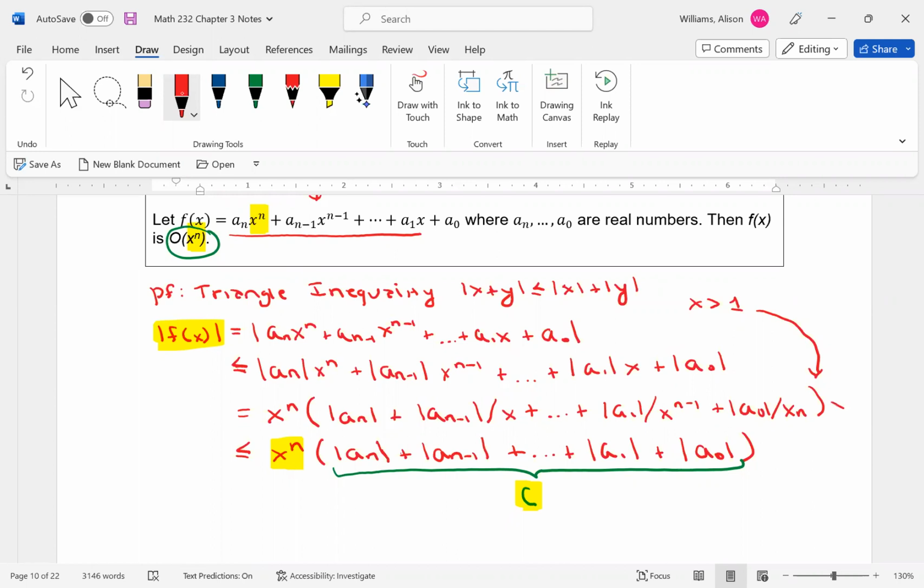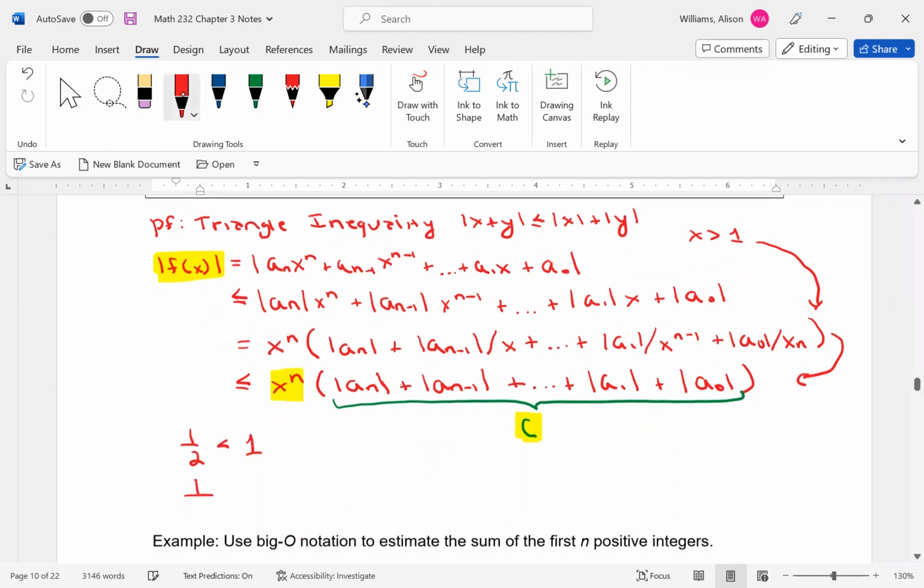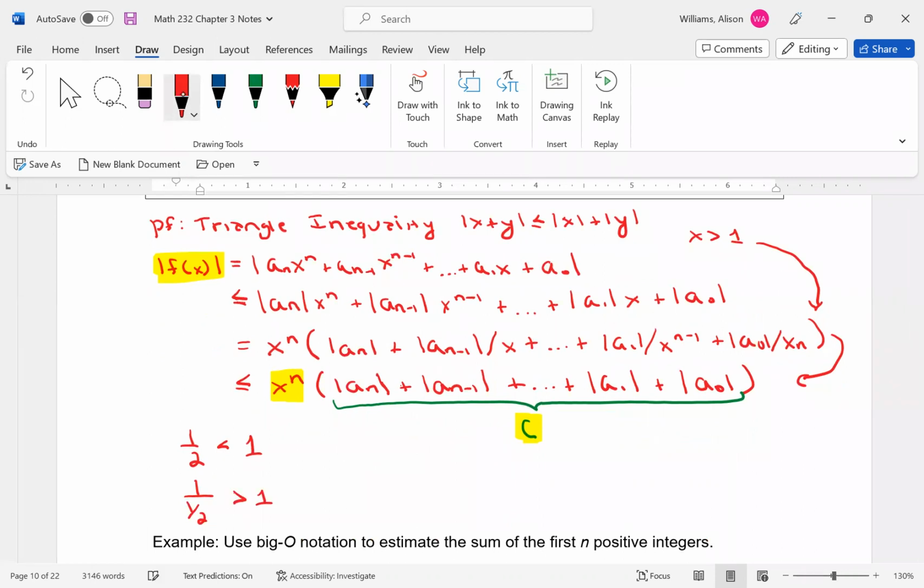Then this statement from here to here doesn't work, right? If I have a 1/2, clearly, if I drop the 2, 1 is bigger, right? That's bigger than this. But if this is 1 over 1/2, this is not bigger. That's not true. This is bigger. So what's in the denominator needs to be a whole number or a number bigger than 1.